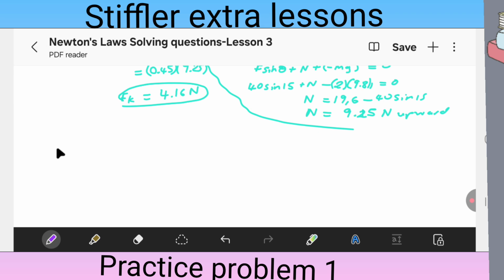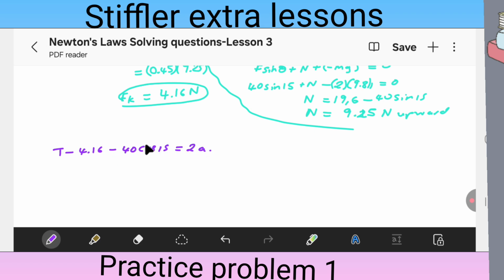So we found that T minus 4.16 minus 40 cos of 15 is equivalent to 2A.